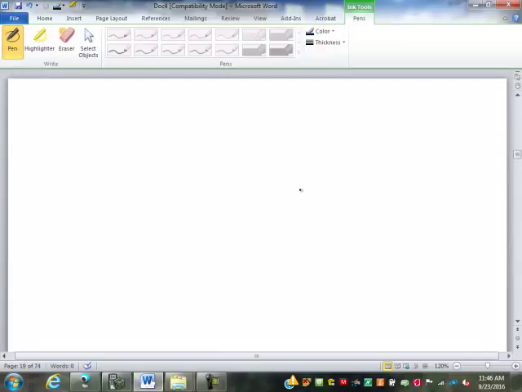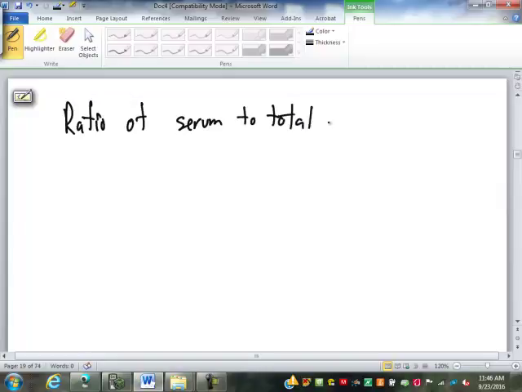So let's say I have a ratio of serum to total volume of 1 to 6.